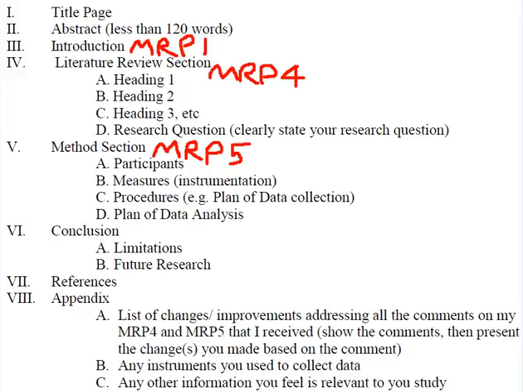So what you're going to do, of course, is have a title page, because this is graduate school and you need a title page. You're going to write an abstract, which is a very brief summary of the entire document.